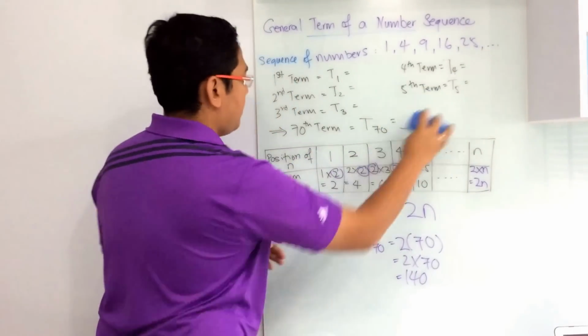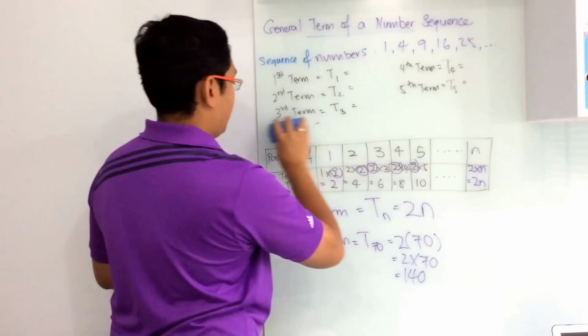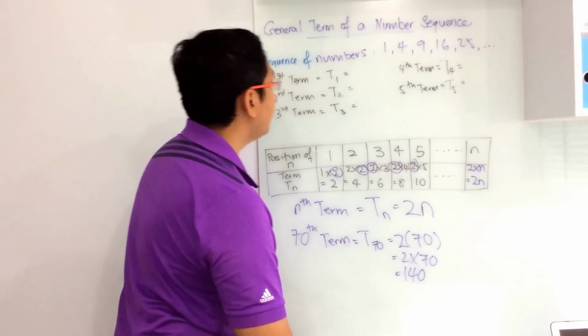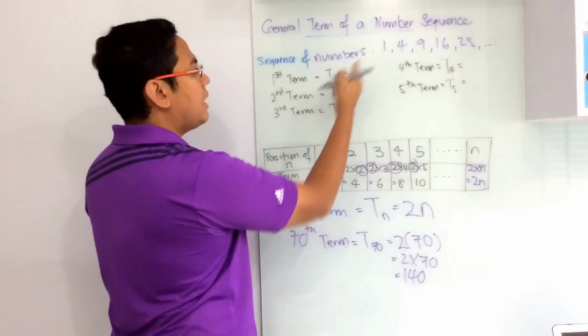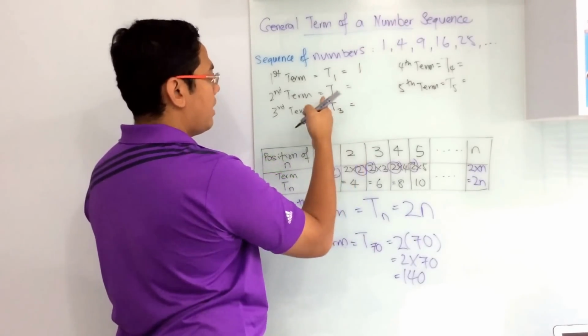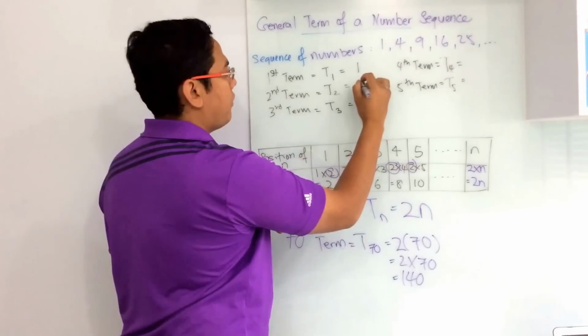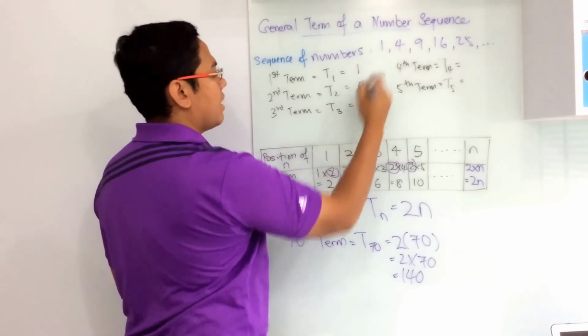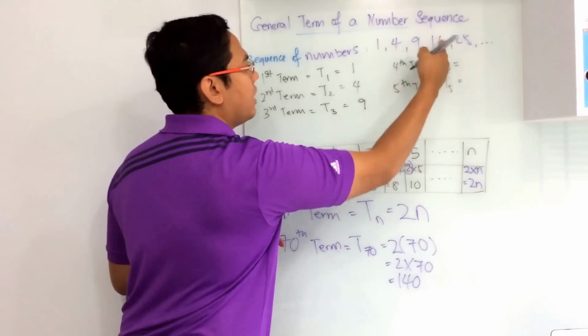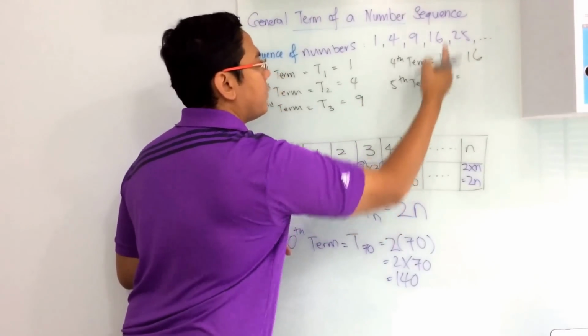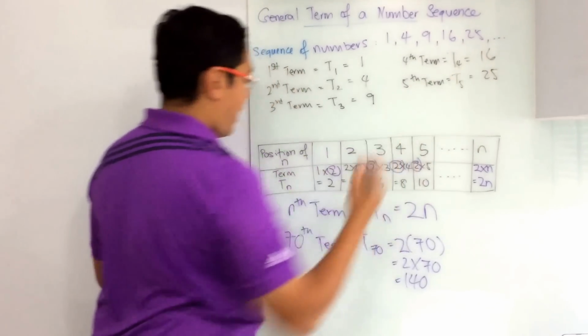So the first term T1 is 1, the second term is 4, the third term is 9, the fourth term here is 16, and the fifth term here is 25.